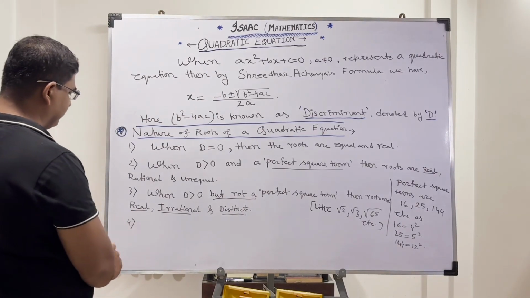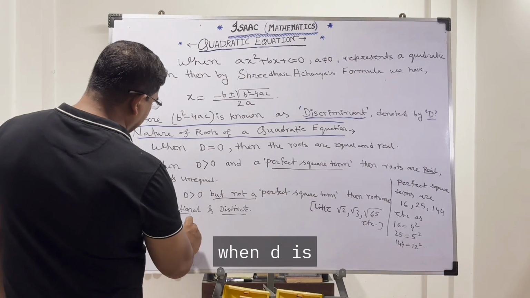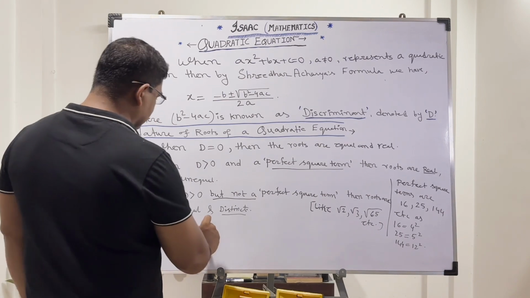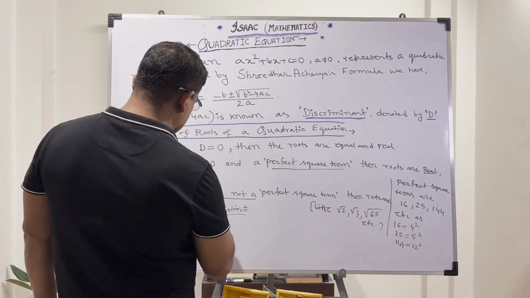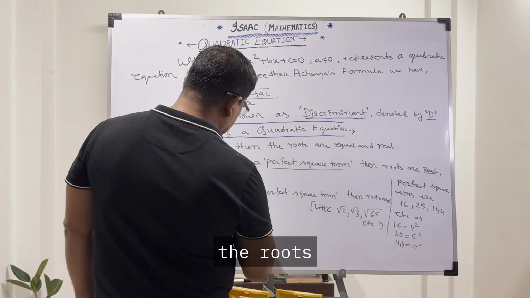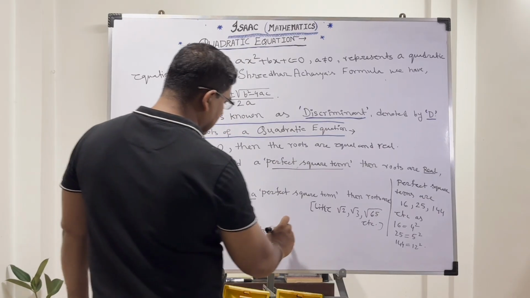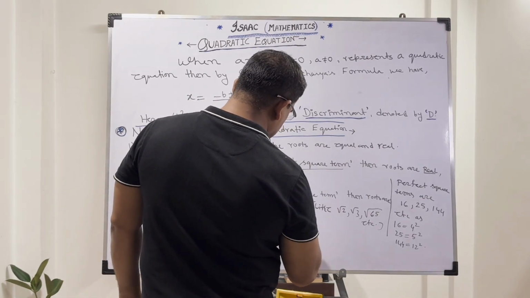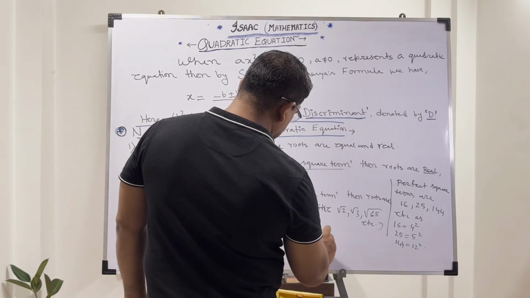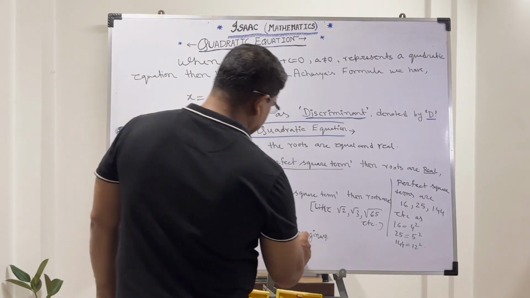Number 4, when d is lesser than 0, then the roots are imaginary.